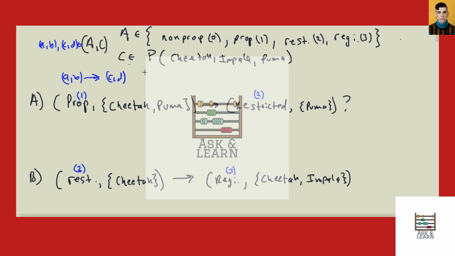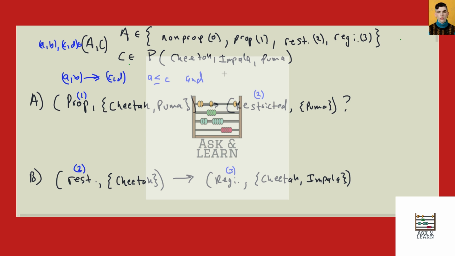So A needs to be less than or equal to C, and the other thing was that we can only pass something to the same group or a larger group.